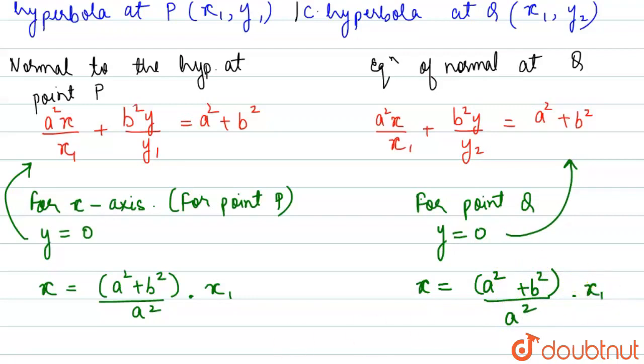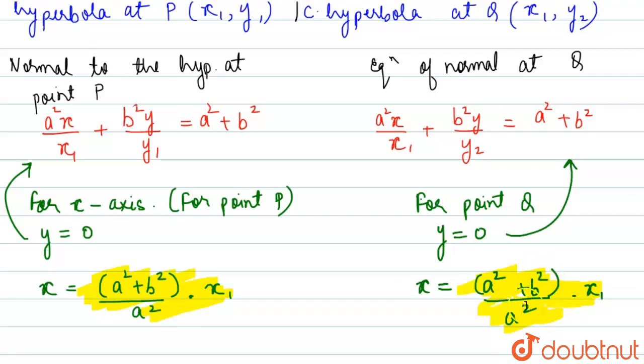Now we see that for point P, the x coordinate is a square plus b square upon a square into x1, and for the normal at Q also the x coordinate is a square plus b square upon a square into x1.